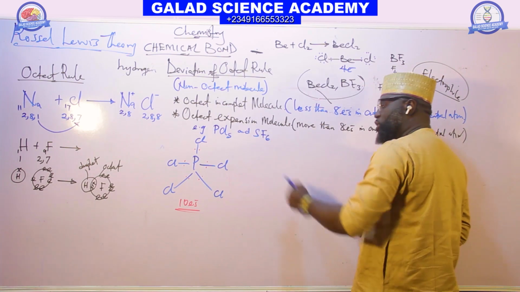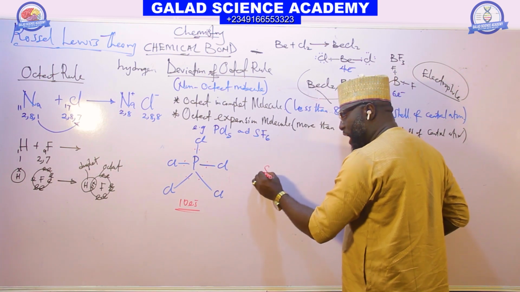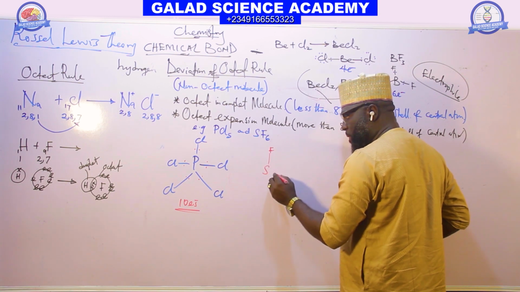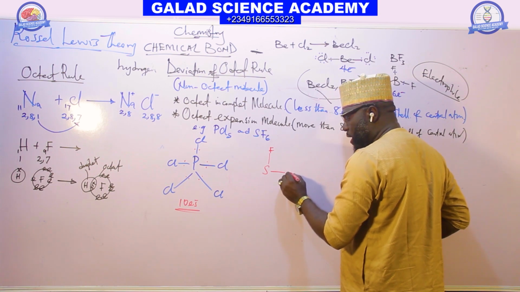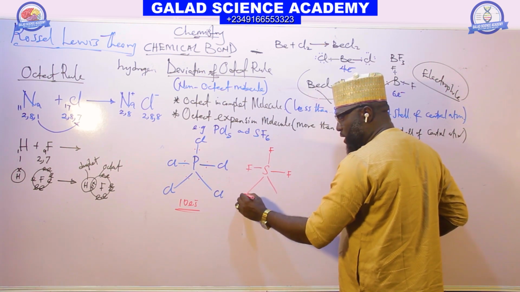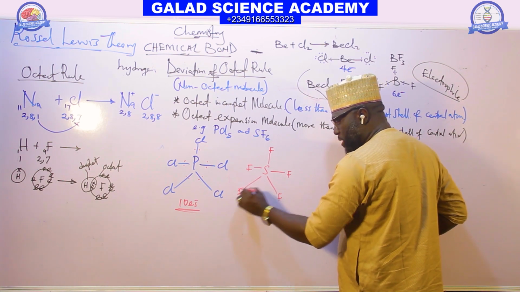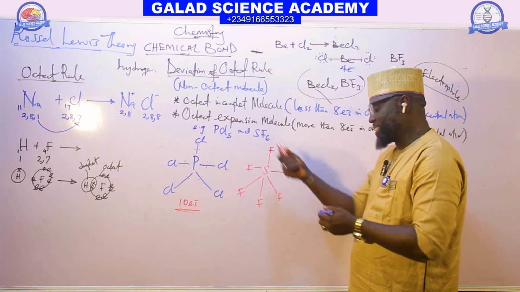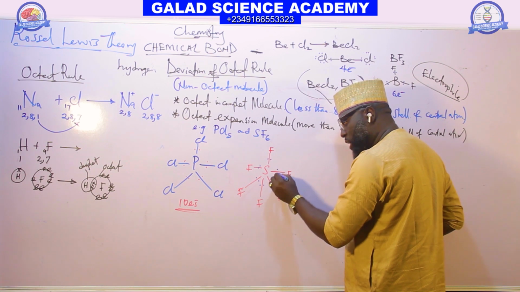So look at sulfur hexafluoride. We have S, and like this we have F, F, F, F, F, F. Look at it now: the number of bonds attached to it is 6, and each bond contains 2 electrons.